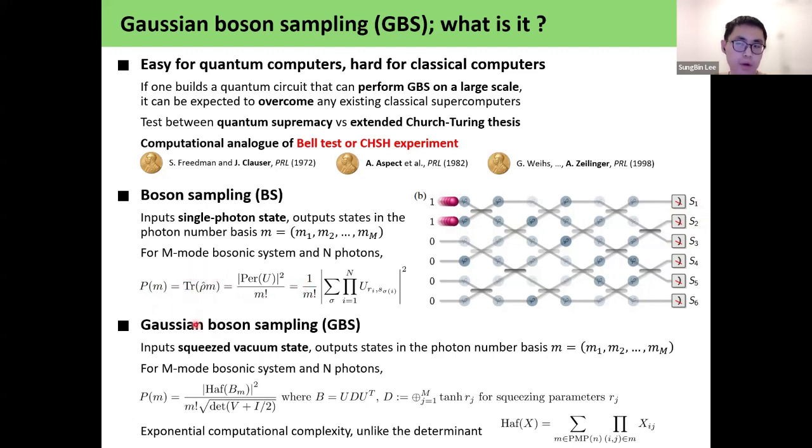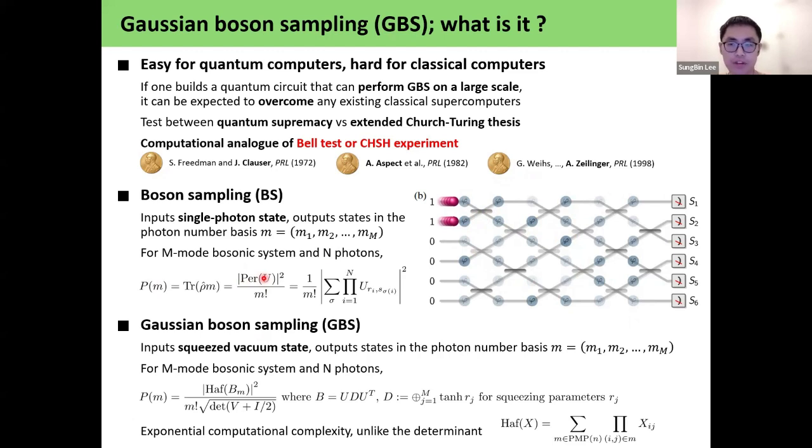The probability of measuring a single photon state in an M bit string is given as the permanent of the matrix represented by this interferometer in the middle, which represents the phase and the polarized beam splitting. The permanent is quite similar to the determinant, but not quite.